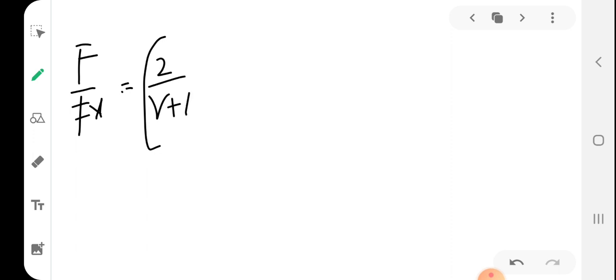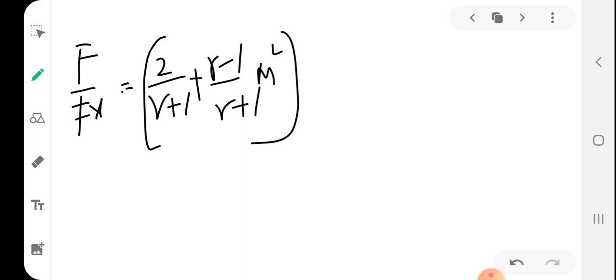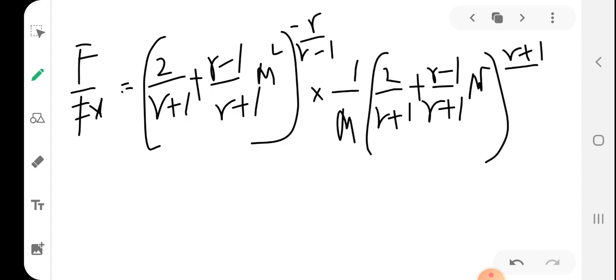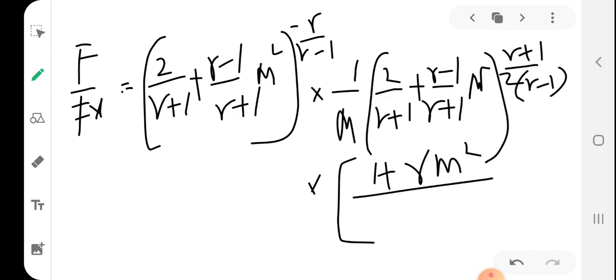Okay, so F by F star can be written as the ratio of these terms, with (2 by gamma + 1 + gamma minus 1 by gamma + 1 M squared) raised to the appropriate powers, multiplied by (1 + gamma M squared) by (1 + gamma).